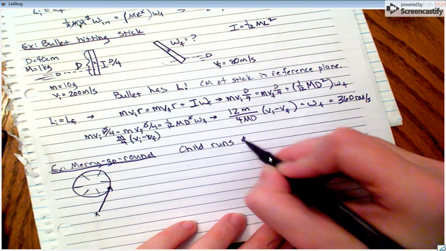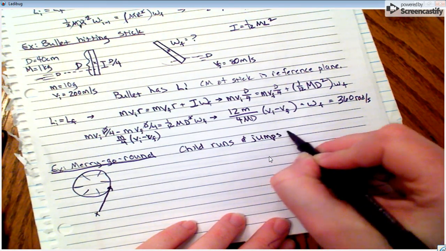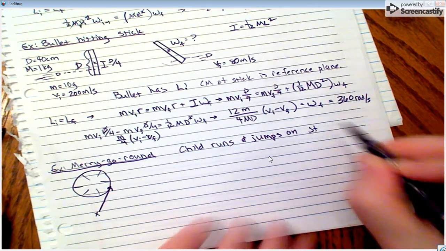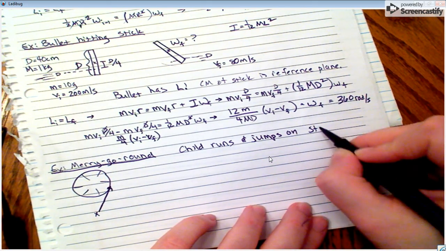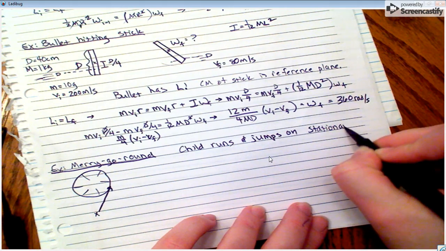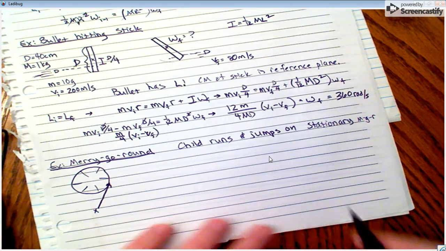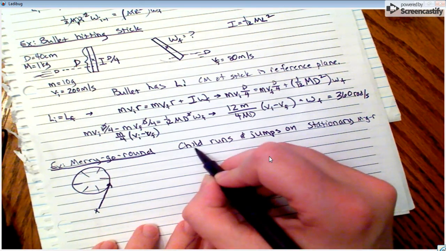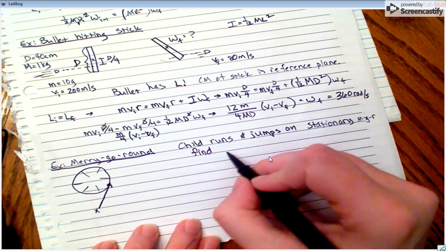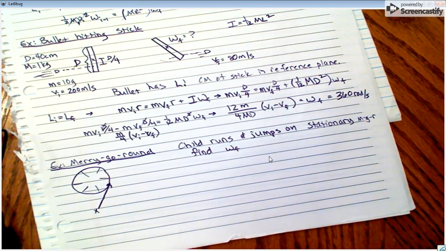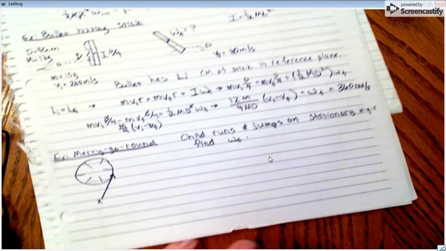He runs and jumps on this merry-go-round, which is at rest, a stationary merry-go-round. I want to know, after he jumps on, what is the angular speed of that merry-go-round? Now, some info you need.